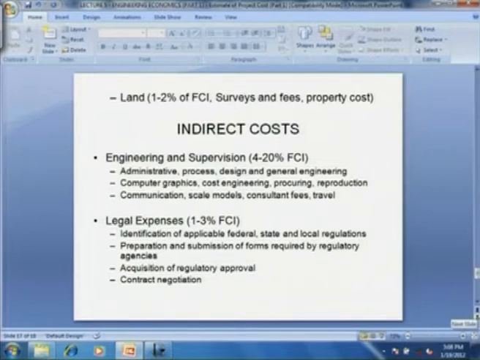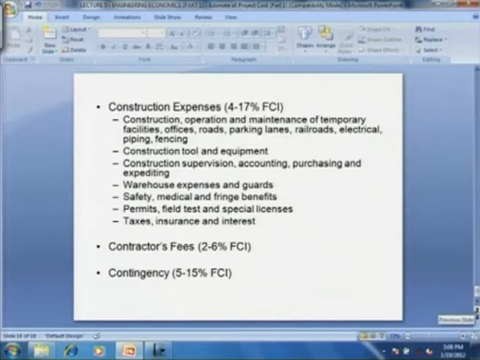So you have to hire a legal consultant or legal personnel, an advocate for your company, who will handle all these issues. Then the construction expenses, these are typically 4 to 17% of fixed capital investment.